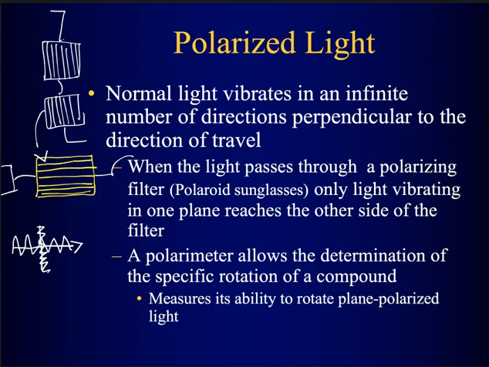Alright, so let's get back to our polarimeter. What the polarimeter will do is put one of these filters in the light. We pass light through it, so only a certain direction of light can get through. Then we shine that light through our liquid and measure how much it rotates.